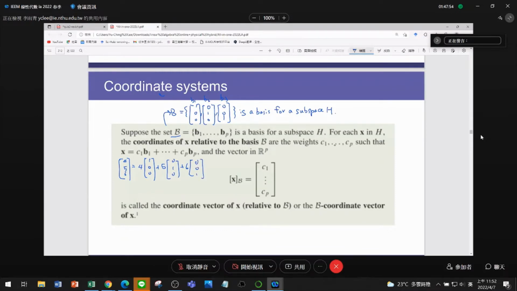And this vector of weights, x relative to basis B, is called the coordinates of x relative to the basis B, and it is the vector 4, 5, 6. This is because I'm choosing the standard basis as my basis right now.